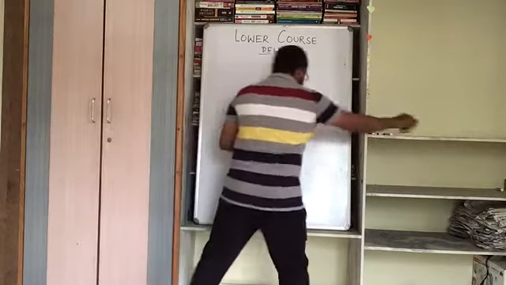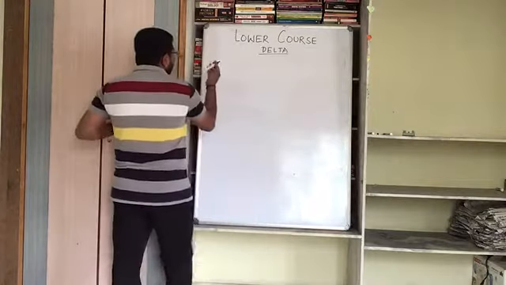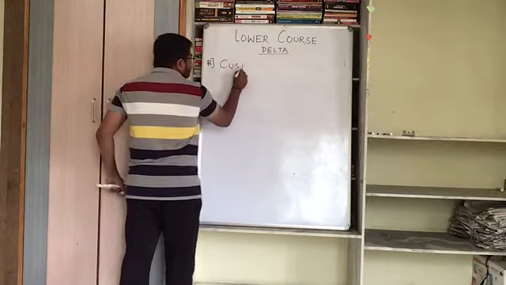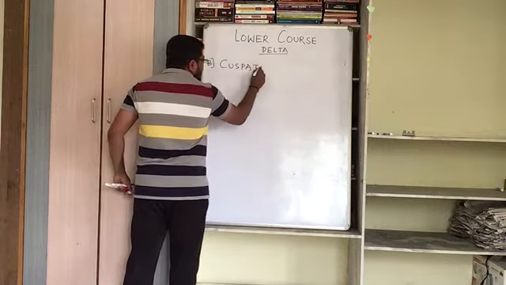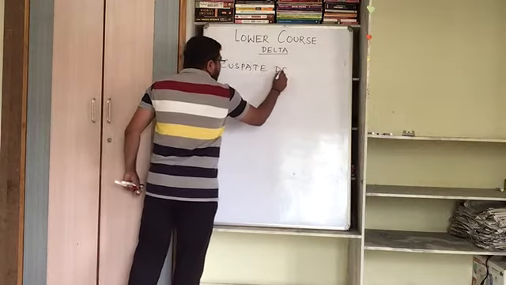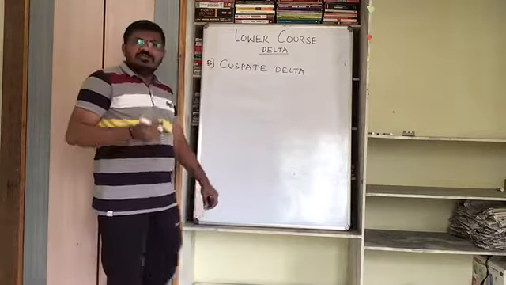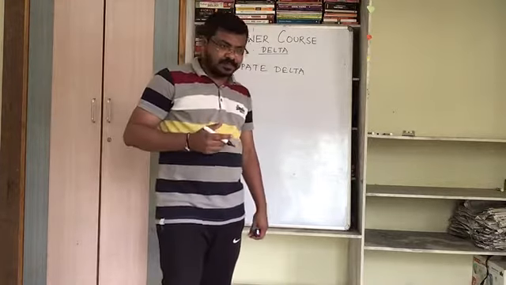The second type, I am writing here, the second type of delta is cuspate delta. The cuspate deltas are formed by few rivers in the world.